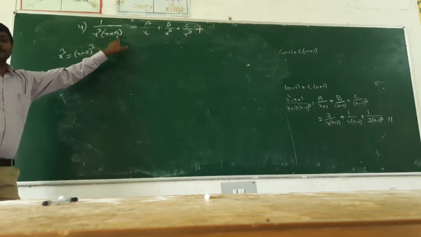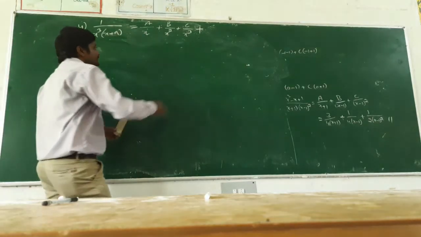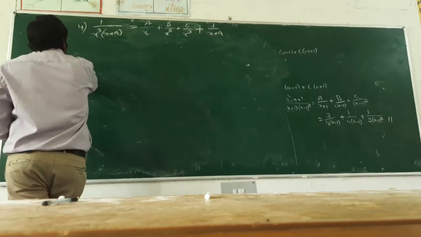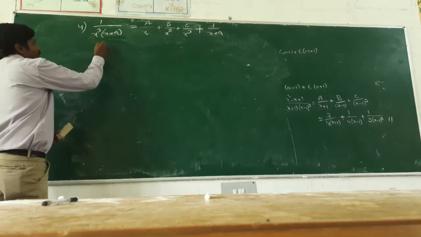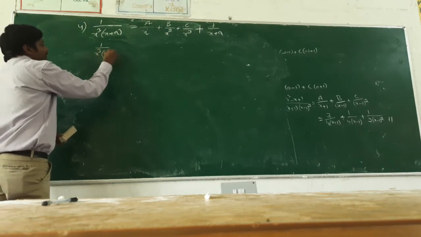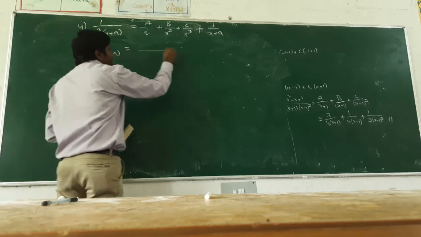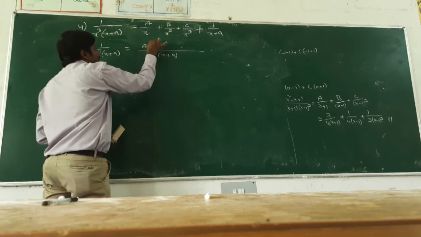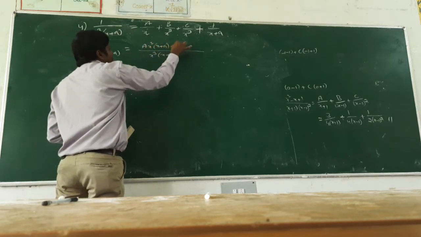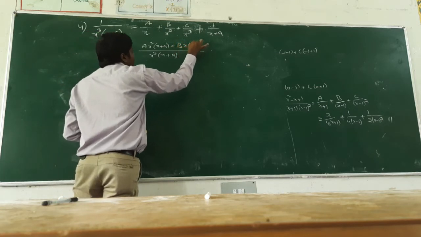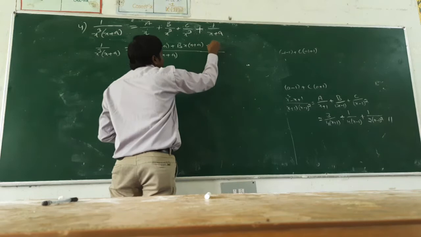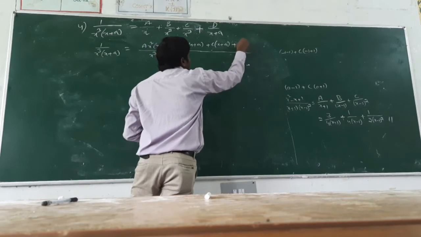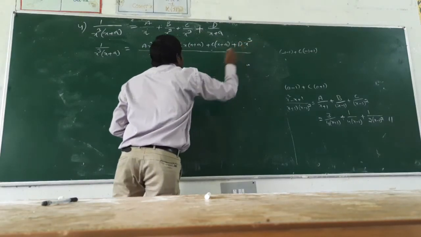Next, we observe x plus a is a non-repeated linear factor, so we take only 1 by (x plus a), that is D by (x plus a). Next step is LCM. 1 by x cube of (x plus a) is equal to A of x square of (x plus a) plus B of x (x plus a) plus C of (x plus a) plus D of x cube, over the LCM x cube of (x plus a). The LCM is cancelled on both sides.